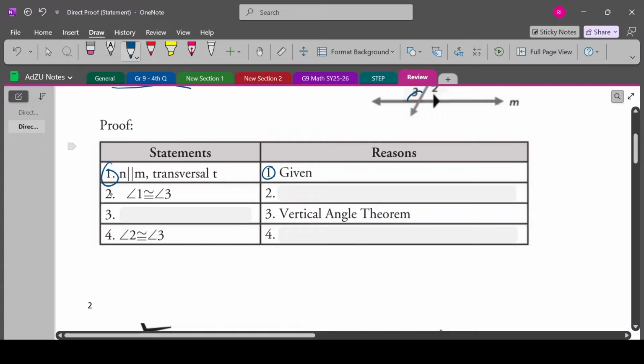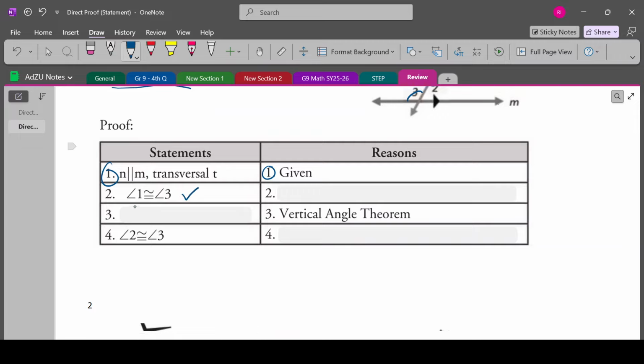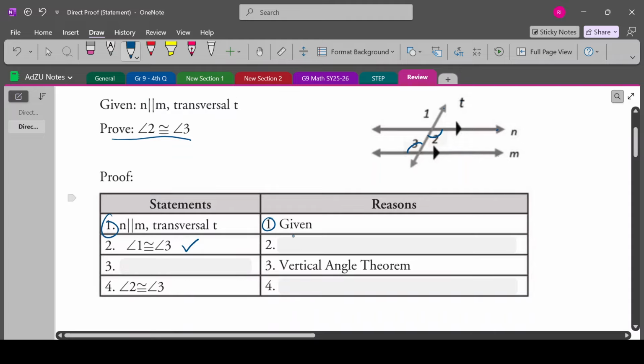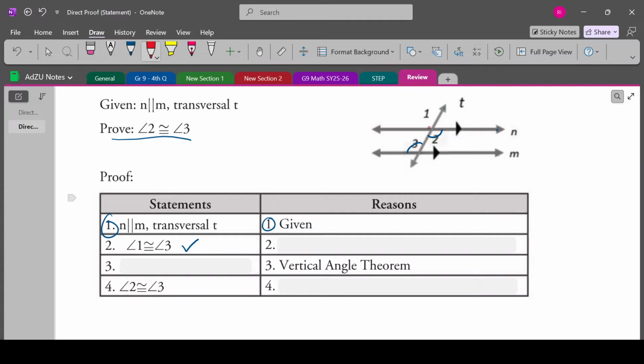and if our statement is like this, that angle 1 is congruent to angle 3, what would be the reason? Angle 1 is congruent to angle 3.